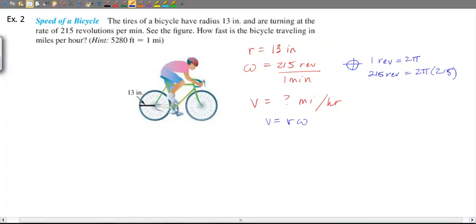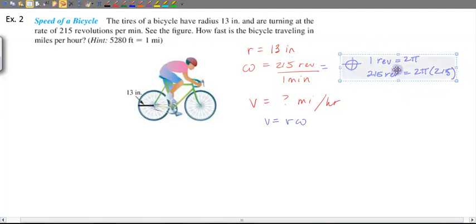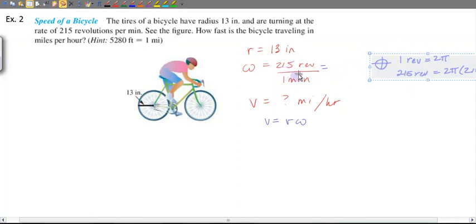So I know that 215 times 2 pi is actually going to give me, when I do it on the calculator, 430 pi radians per minute. So we've changed the angular speed from revolutions per minute into radians per minute. And I can now apply it using the formula down here.